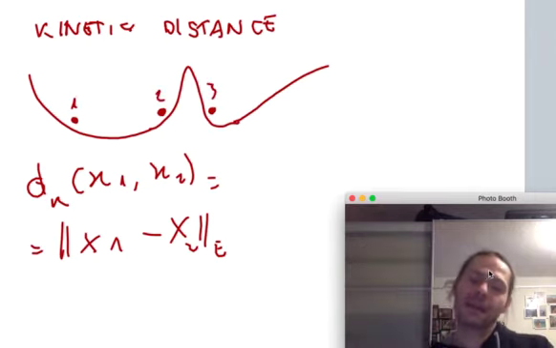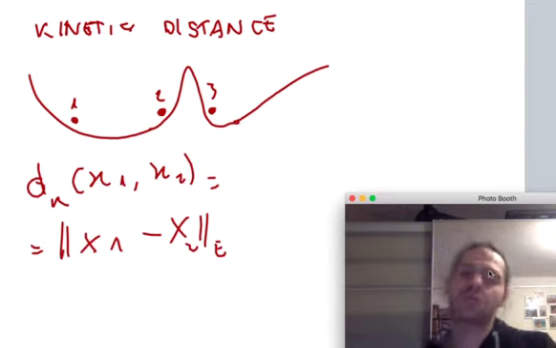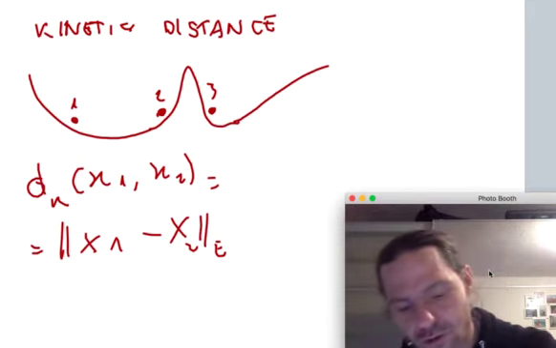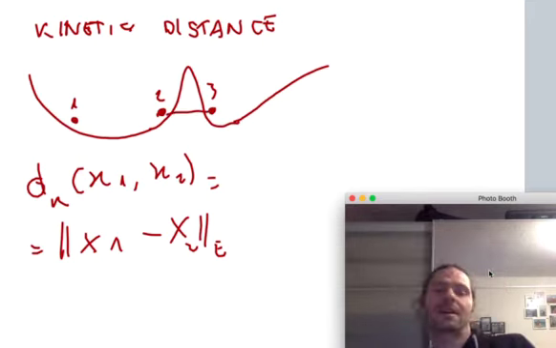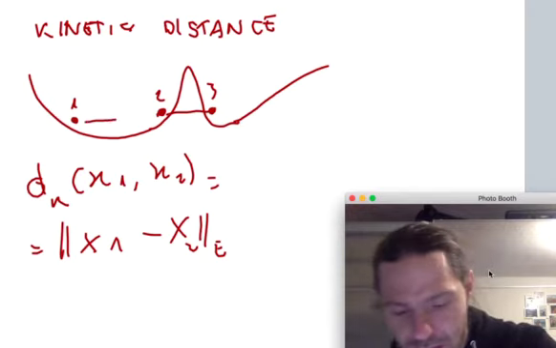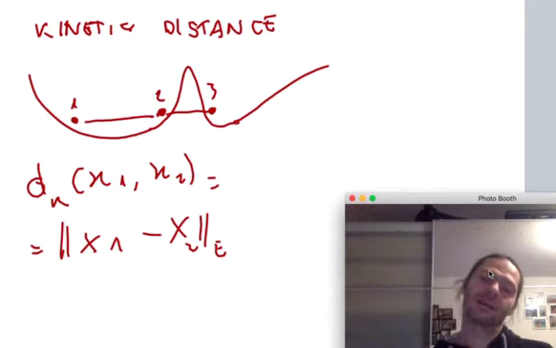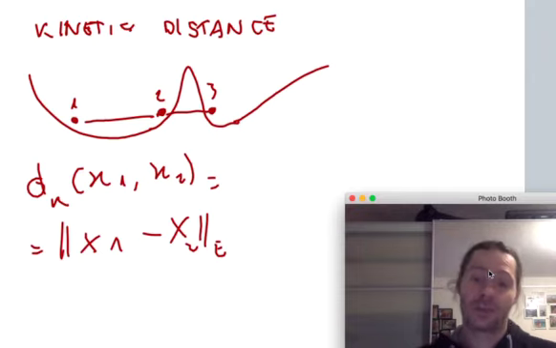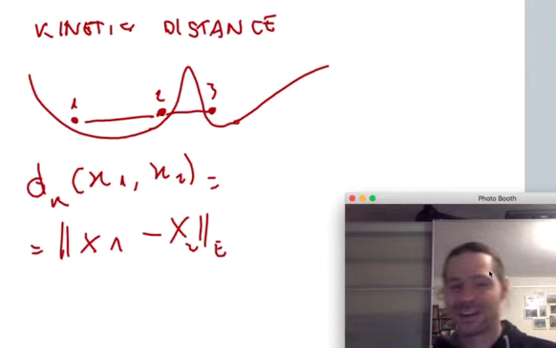Now, clearly, point 1 and point 2 belong to the same state, while point 2 and point 3 belong to different states. However, according to the Euclidean distance, point 2 and point 3 are closer than point 2 and point 1, because there is a barrier between 2 and 3.